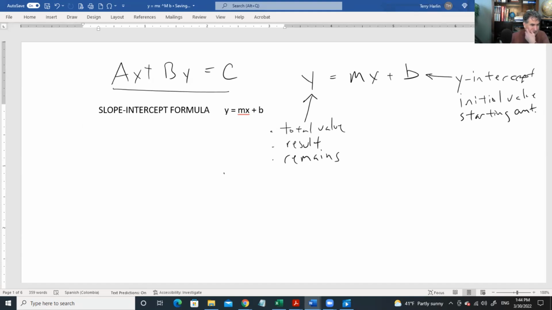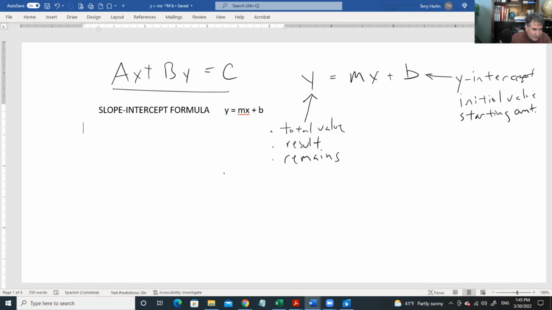I start with this, and somehow I'm going to do something over here and get to this. So my Uber ride, for instance, charges a set amount regardless of whether I go anywhere. Even if I stay in one place, I'm going to have to pay a minimum amount to Uber.